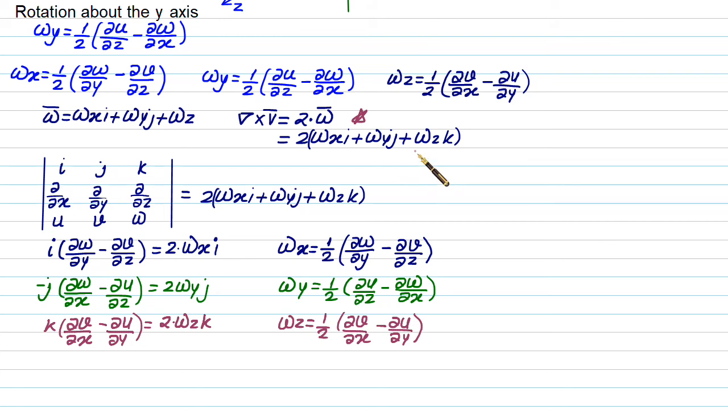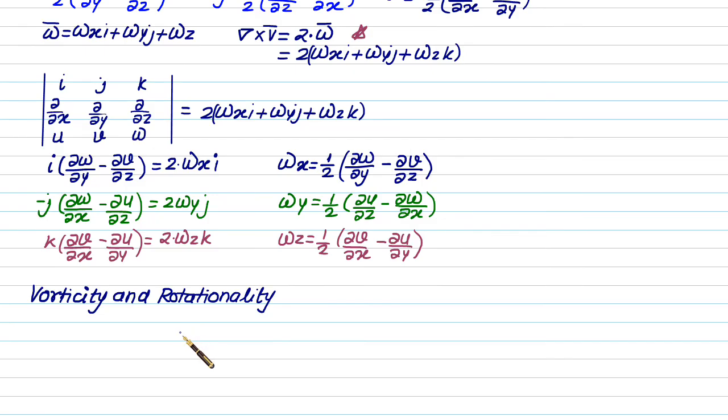That's it. The curl that I use here is basically called vorticity and has a relation with rotationality. This vorticity vector is represented by zeta bar or sometimes by omega bar, which is the same as the curl.